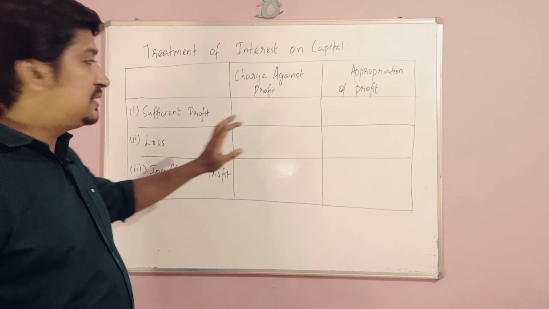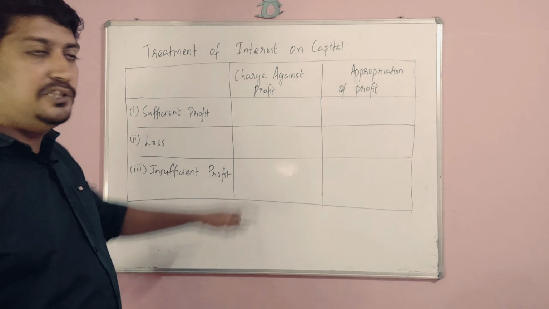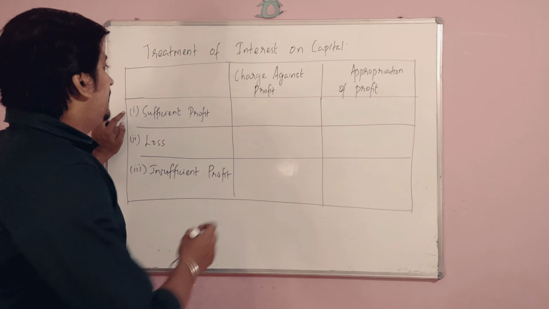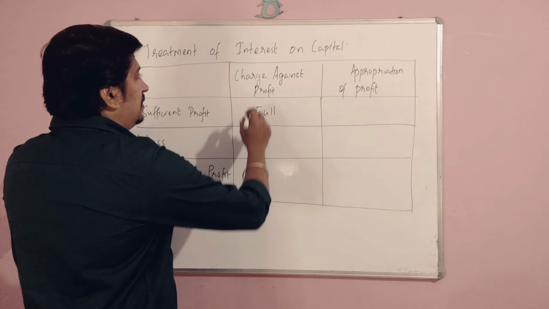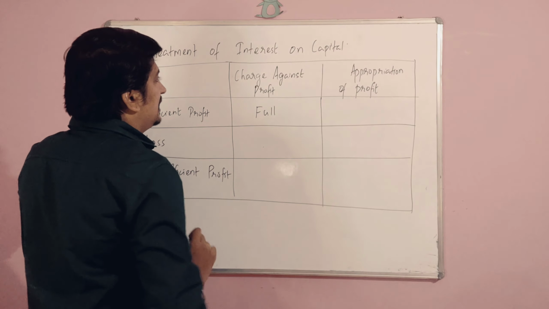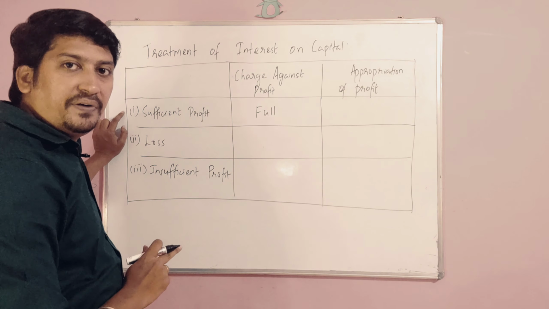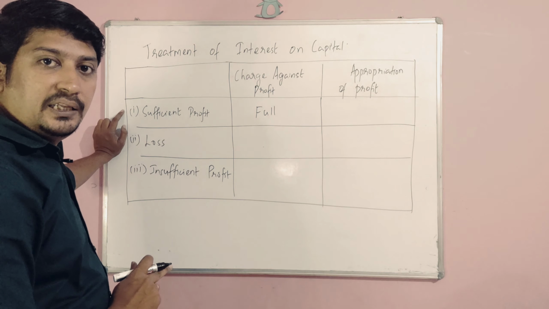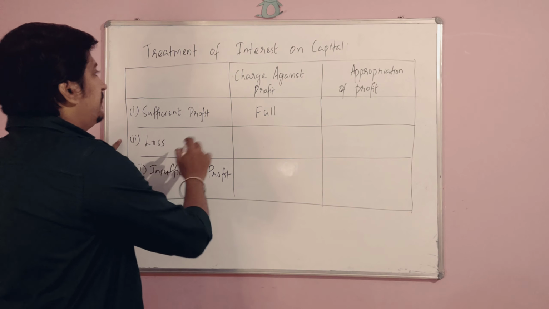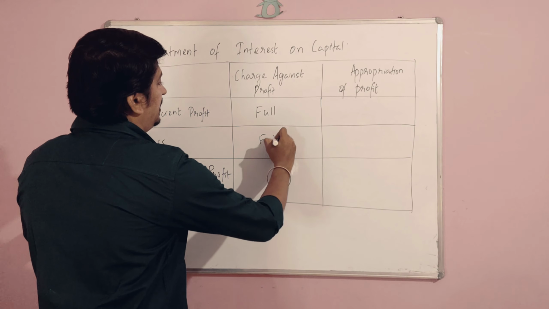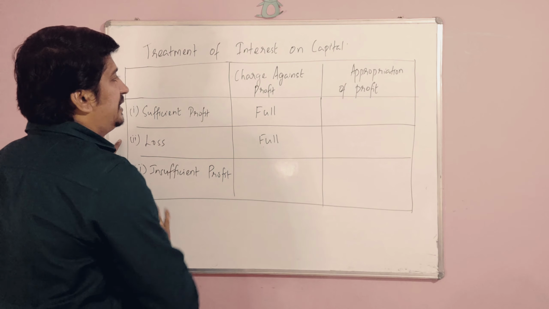So according to this, if interest on capital is treated as a charge against profit, when there is sufficient profit, interest on capital has to be incurred in full. So when you treat interest on capital as a charge against profit, full interest has to be given when there is sufficient profit. Sufficient profit here means the profit is more than the interest on capital, so profit is sufficient to provide interest on capital. In case of loss, also full interest has to be incurred. As it is a charge against profit, we don't see whether there is profit or whether there is loss.